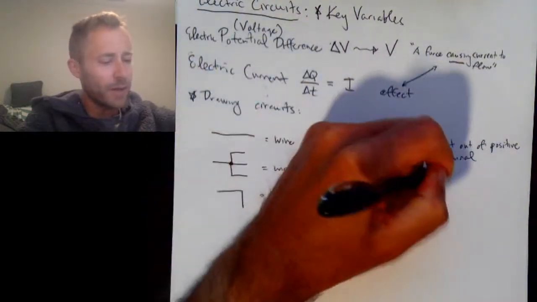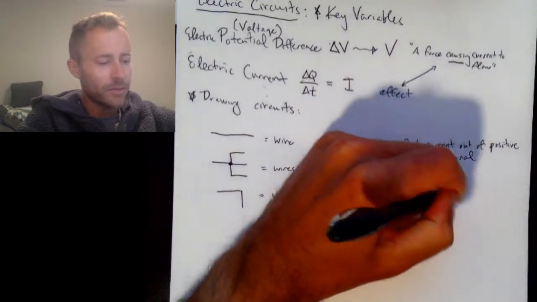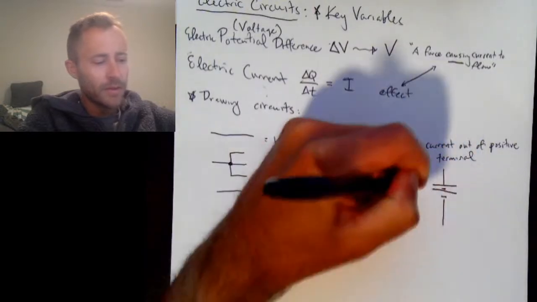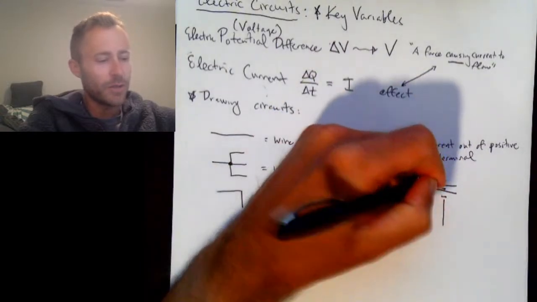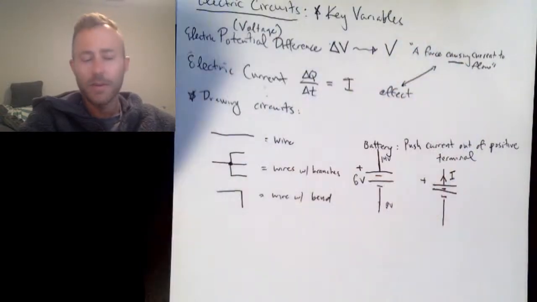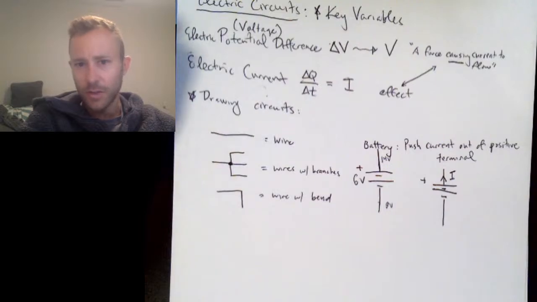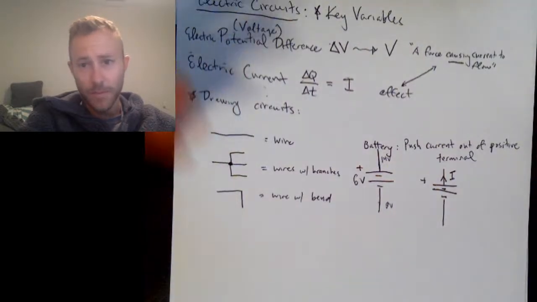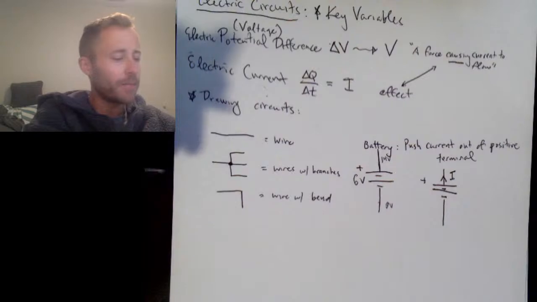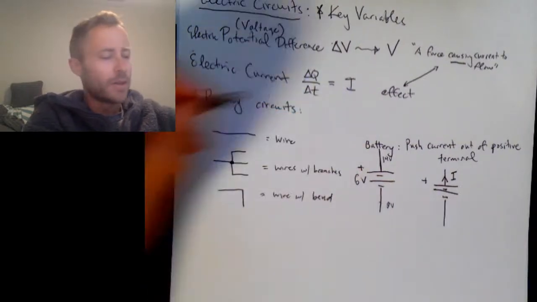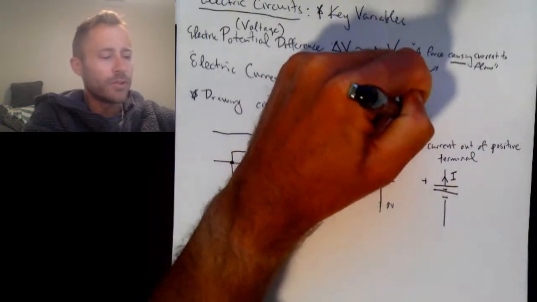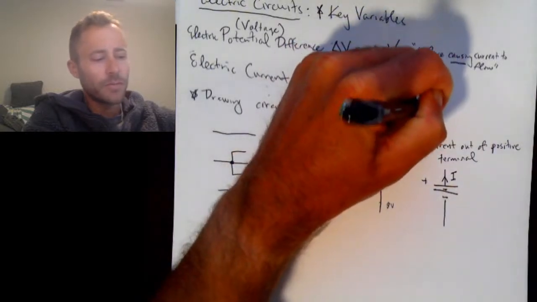So if you have a battery that looks like this, this is the positive terminal because that has the longer line. So the current is going to come out that way. That's the sense in which the current comes out. I will also use the symbol for just an arbitrary voltage source.